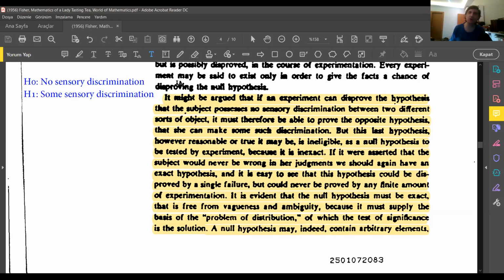And note that this also fits the previous explanation I tried to come up with in terms of hypothesis testing. H0 is the status quo, the default belief, whereas H1 is the new guy in town. It's a research hypothesis. It's a novelty. So the conventional belief probably is no sensory discrimination power, whereas the research hypothesis is that she has some X-Men kind of, mutant kind of powers.